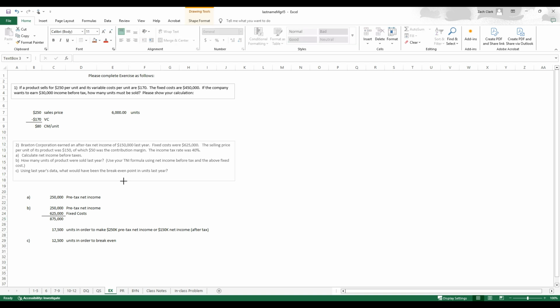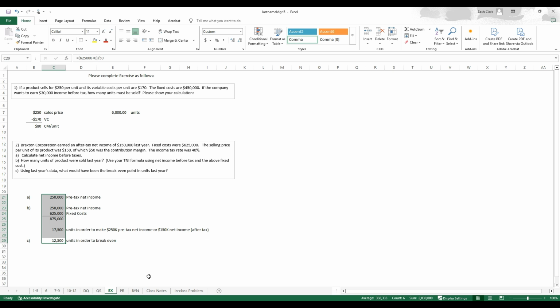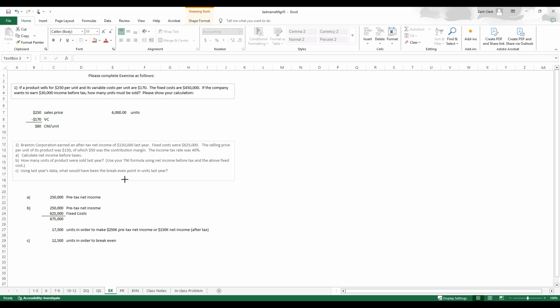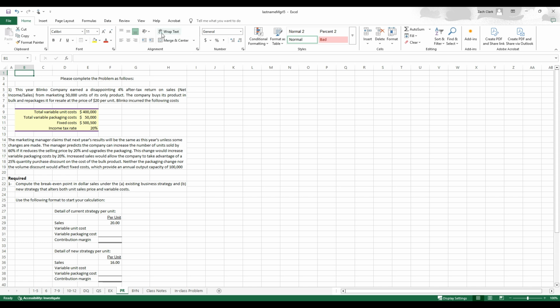And then usually what we would use this for is more of a forward-looking, forecasting methodology for the future to figure out how much profit we expect to make, etc. But you can look backwards to develop some of these analyses to then move forward with. Okay, so that was our problem EX. Again, that's just down to C. We had to pull that down to see it.